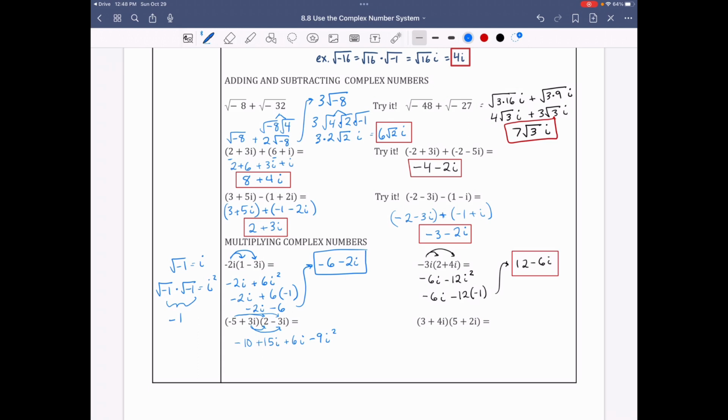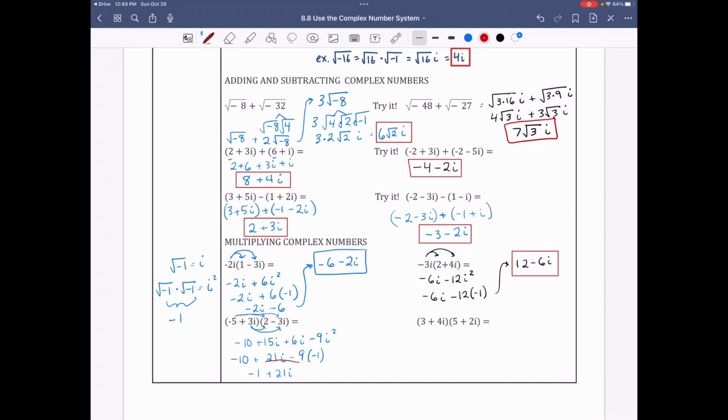Let's simplify this. So we have negative 10 plus 21i minus 9, and we'll change the i squared to negative 1. All right, so negative 10, and then this is going to be positive 9 when we multiply, so negative 10 plus 9 is negative 1 plus 21i.